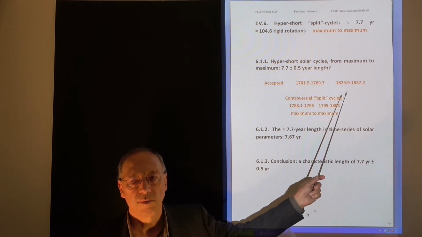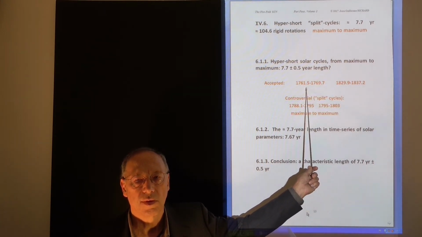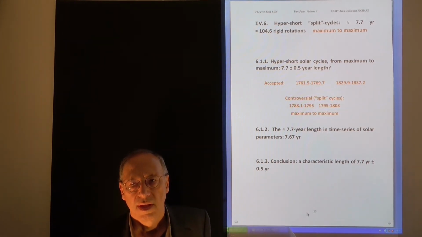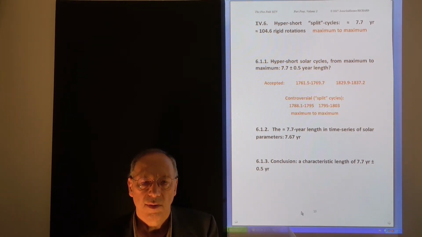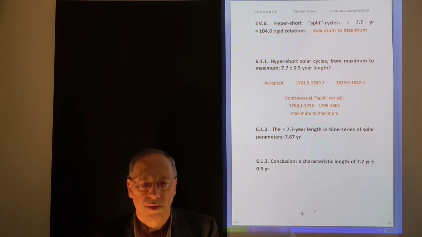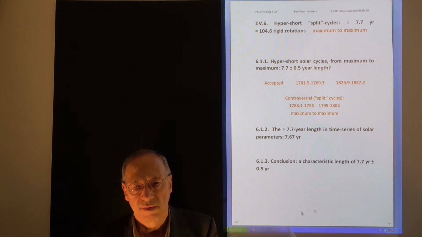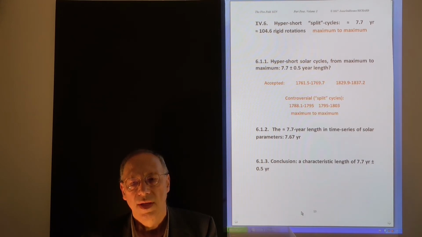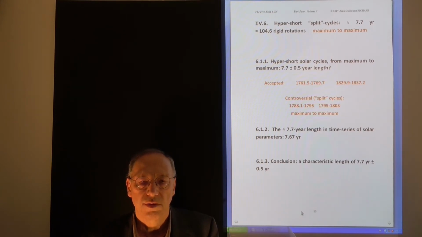There are also from maximum to maximum 2 actually observed cycles. And these hyper-short cycles would represent the lower absolute bound for the effectiveness of a solar cycle. The dependence of amplitude on length would imply that they have a very high amplitude, so high that they in fact split in 2 cycles.